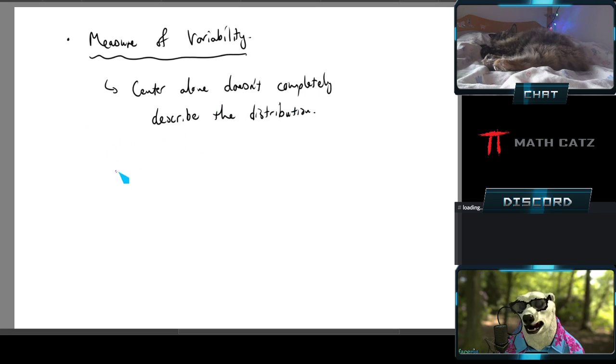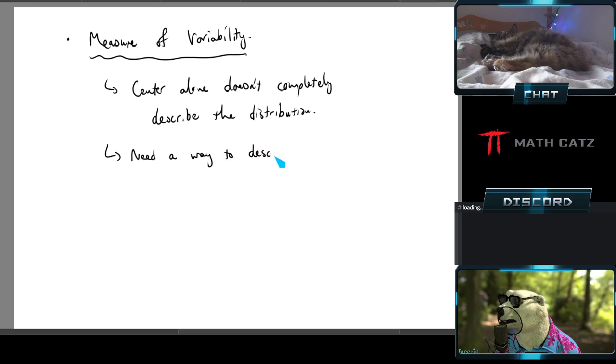So what do we do? We need a way to describe this spread around the mean, away from the mean.